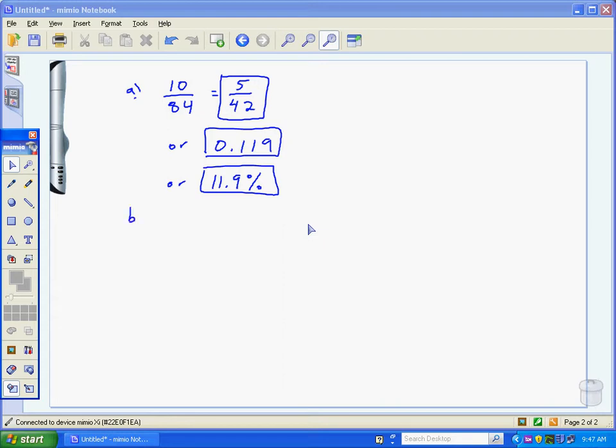Question B. Well, we're going to use this probability for question B. I know we've got a C question that asks us whether they should be the same, but we don't know anything different yet. So we're going to say 16 games they play, and the chance of them going into overtime is 11.9%, or 0.119.